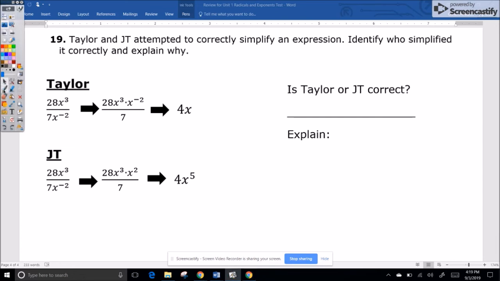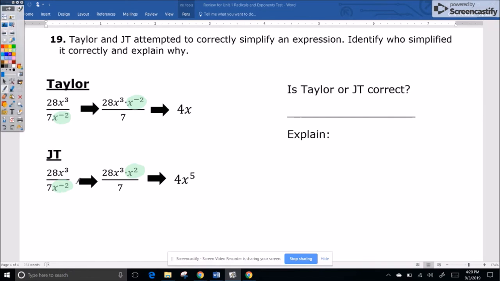So in number 19, we are trying to see who did this right. Is it Taylor? Is it JT? Who was correct? So really the only difference is this x squared: is it supposed to be positive or is it supposed to be negative? So where did this come from? Well, in the original problem, we had an x to the negative 2 in the denominator.